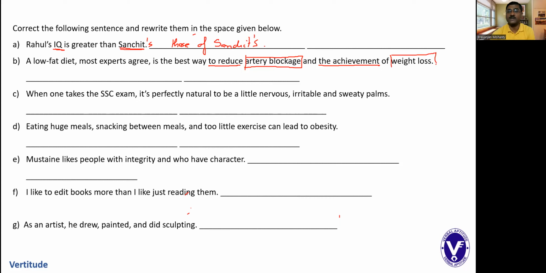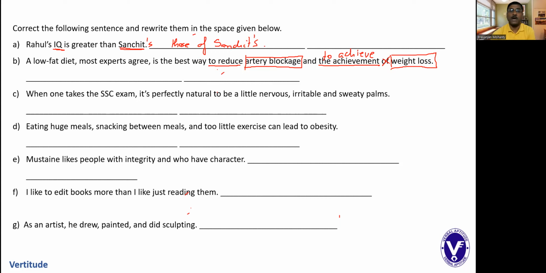It talks about two things. But before the first one, it's written as to reduce, but with weight loss, it is writing the achievement. So a low-fat diet, most experts agree, is the best way to reduce artery blockage and to achieve weight loss. Clear?